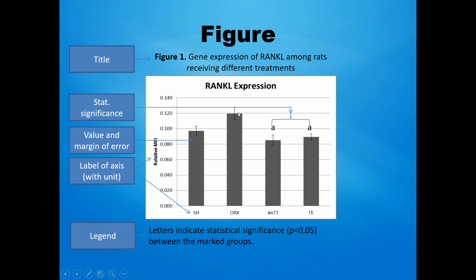If you have a pie chart, maybe there's no marginal error presented. Okay, and there should be indications of significance as well in your figures. And there are legends, to explain the meaning of the alphabets or symbols used in your figures. And there might be abbreviations, if abbreviations are being used in the figures.